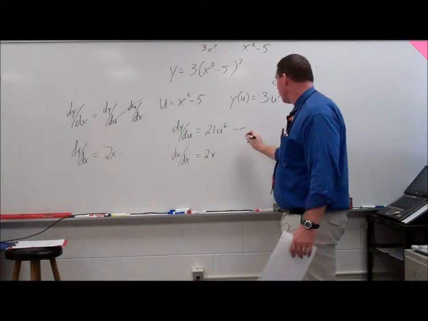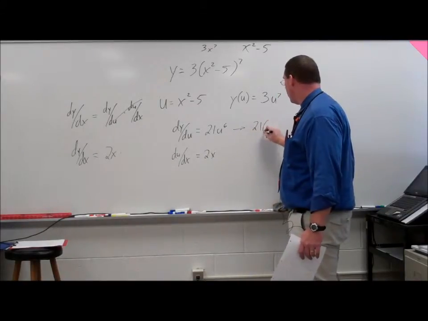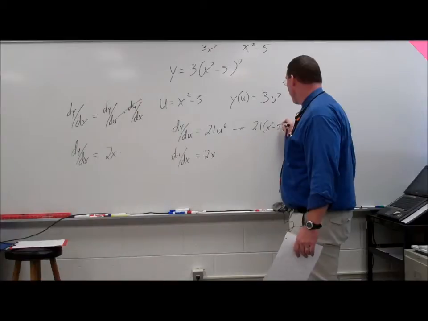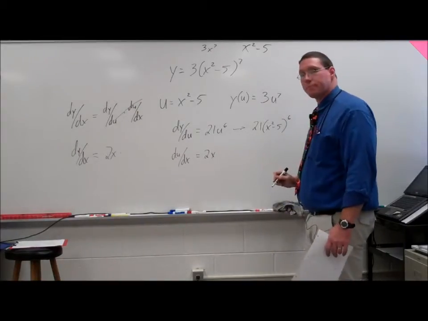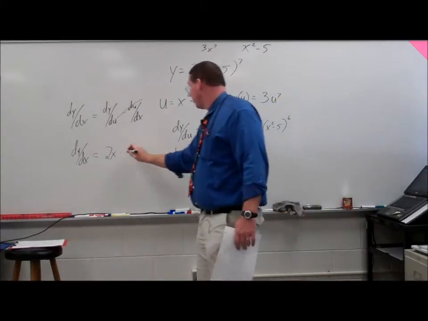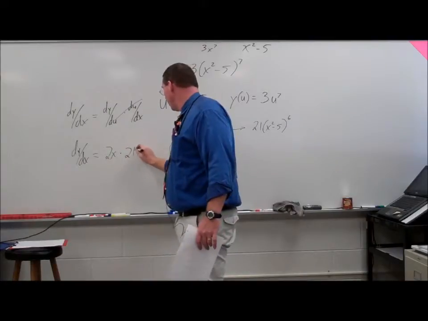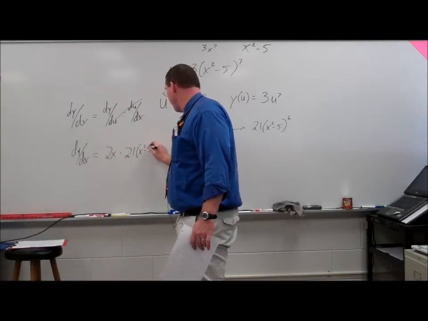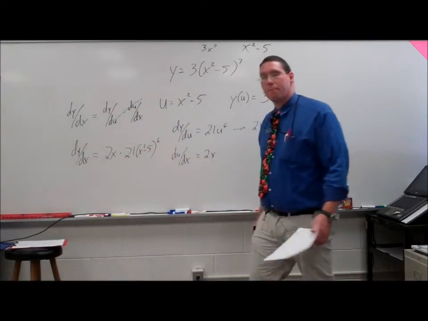So then this is going to become 21 times x squared minus 5 to the 6th power. And now I'm going to put that over here, times 21 times x squared minus 5 to the 6th power.